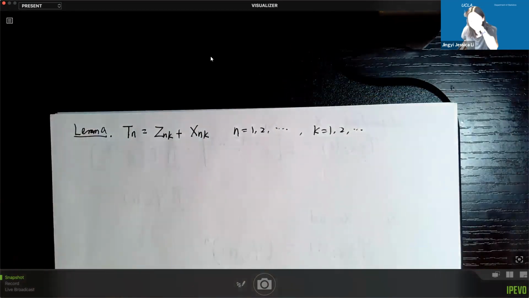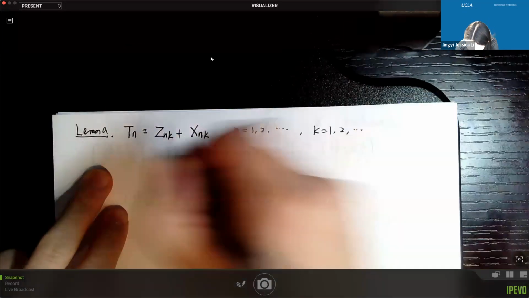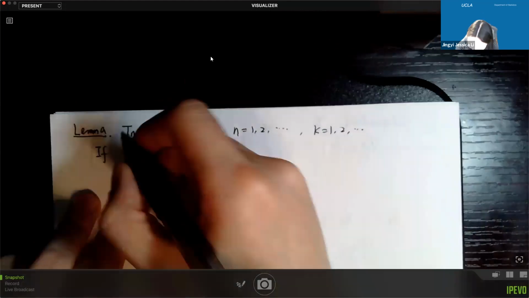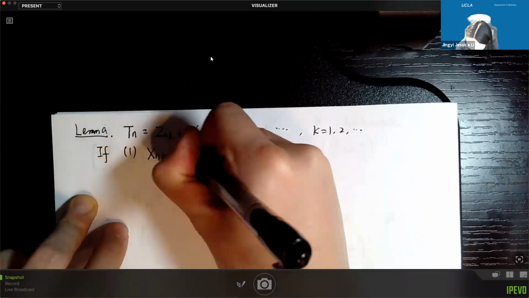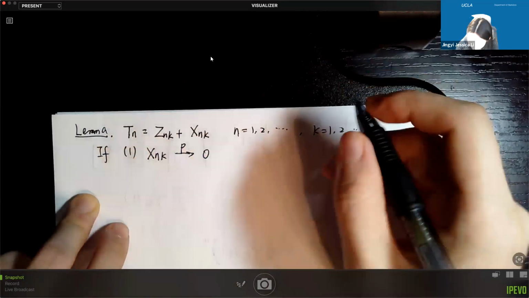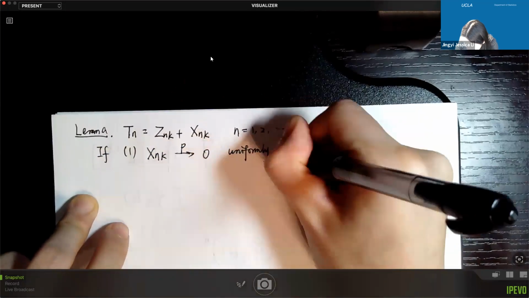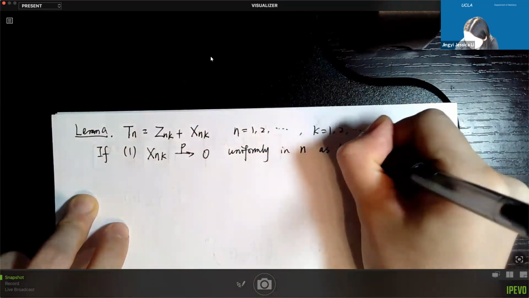Okay, so then we want to have some interesting conditions and then a result. If these three conditions hold, first of all, X_{n,k}, this term, converges in probability to 0 uniformly in n as k goes to infinity.